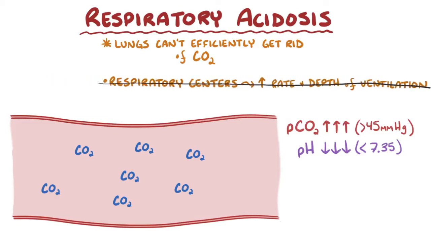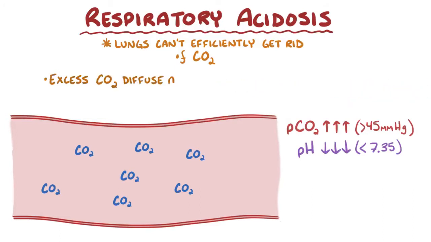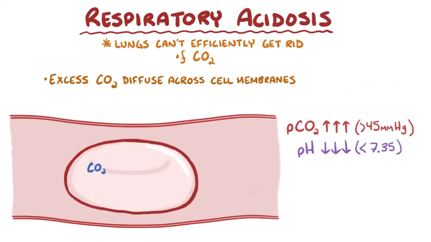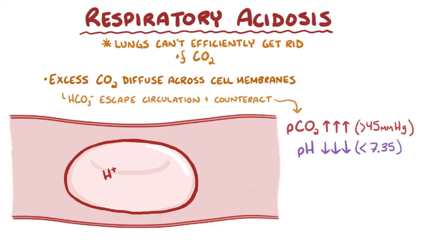If that doesn't work, then some of the excess carbon dioxide diffuses across cell membranes, especially into red blood cells, where it reacts with water molecules and forms carbonic acid, which eventually gets converted into hydrogen ions and bicarbonate ions. The key here is that this bicarbonate can quickly escape to the circulation, trying to counteract the increased partial pressure of carbon dioxide and keeping the pH from getting too low.